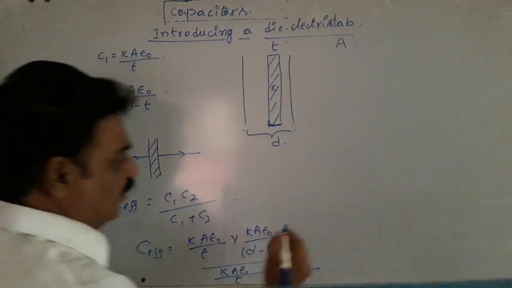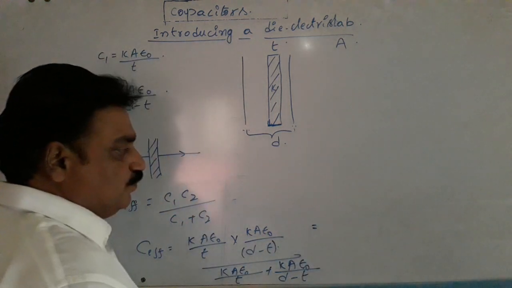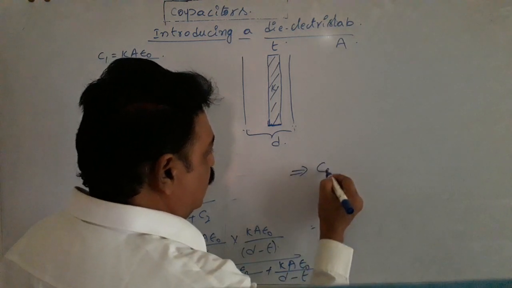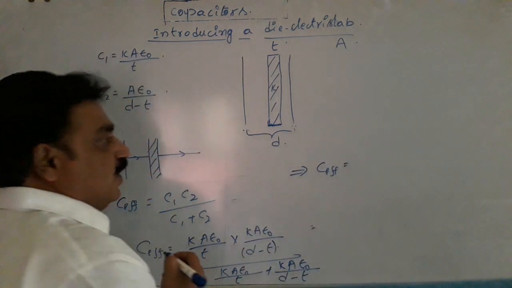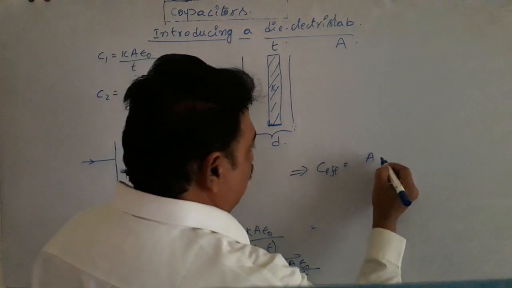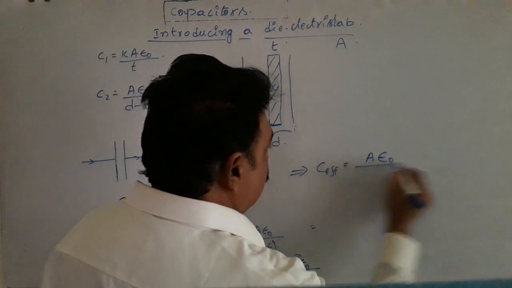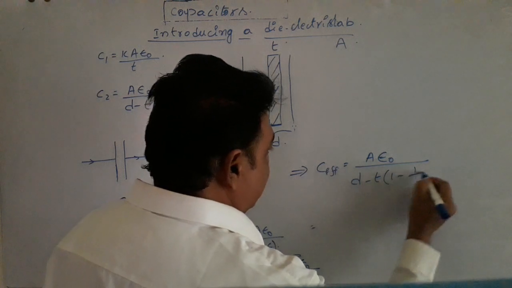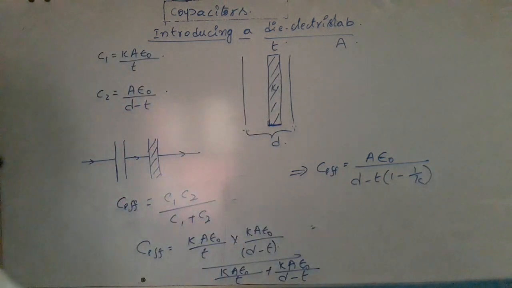By simplifying, you can get the effective capacity of such a combination. C effective is equal to A epsilon naught by d minus t into 1 minus 1 by K.